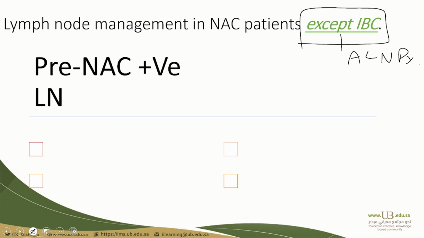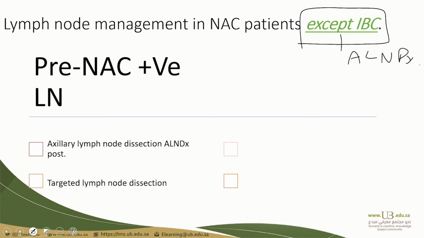For patients whose lymph nodes are positive pre-neoadjuvant chemotherapy, you can do straightforward axillary dissection post-neoadjuvant chemotherapy. Or there is a new technique which we call targeted lymph node dissection.